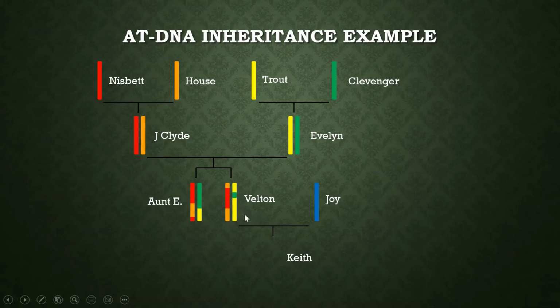This is my, I misspoke before. This is my grandfather actually, and my father is at the base of this tree. So Velton here has a different selection of the Nisbet and House copies than my Aunt E here, and a different selection of the yellow and green to her.